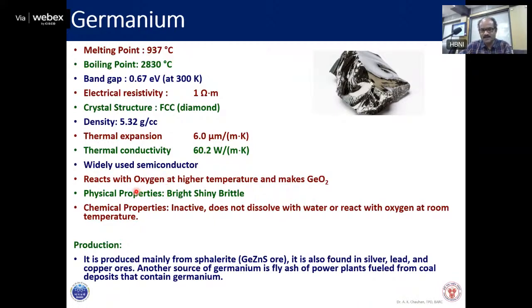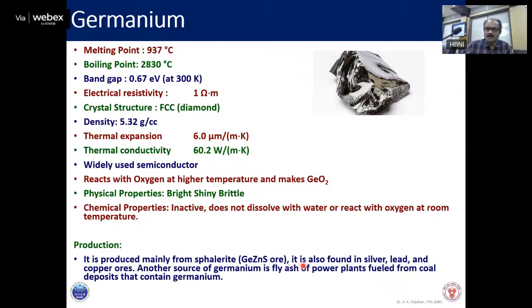It reacts with oxygen at higher temperature and makes GeO2. The physical properties are that it is bright, shiny, and brittle. The chemical properties are that it is inactive, does not dissolve in water or react with oxygen at room temperature. It is produced mainly from sphalerite, which is actually an ore of germanium and zinc, a sulfide ore.